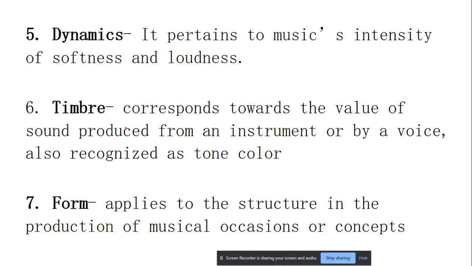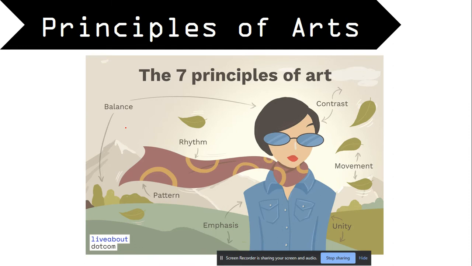We also have dynamics, pertains to music's intensity of softness and loudness. And we have timbre corresponds towards the value of sound produced from an instrument or by a voice, also recognized as tone color. And we have the form applies to the structure in the production of musical occasions or concepts.